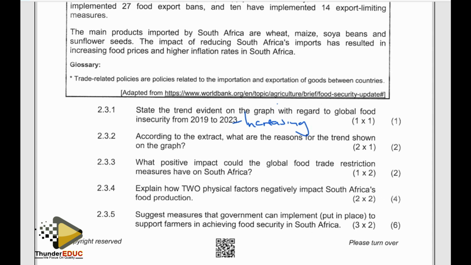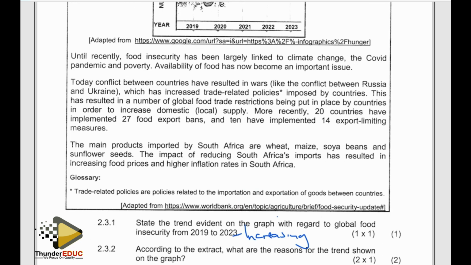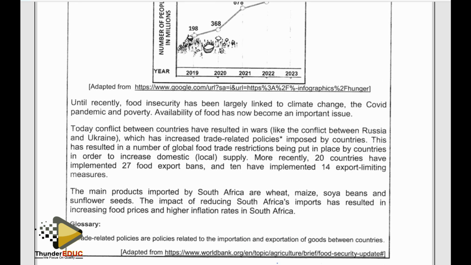Then according to the extract, what are the reasons for the trend shown on the graph? The extract gives us the reasons here. Largely linked to climate change. It's one factor.